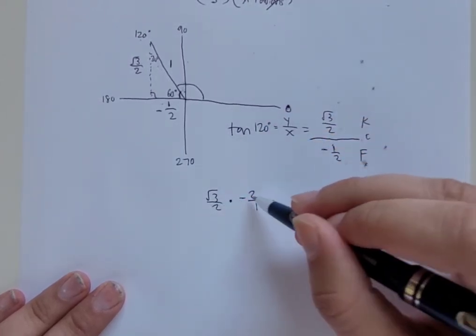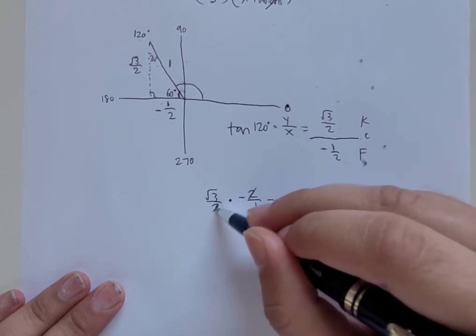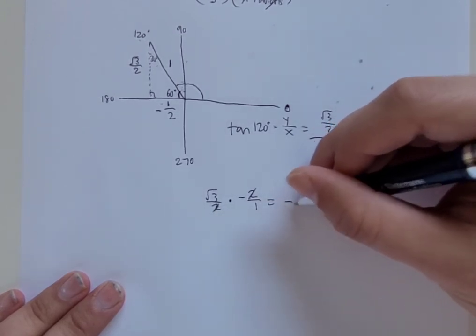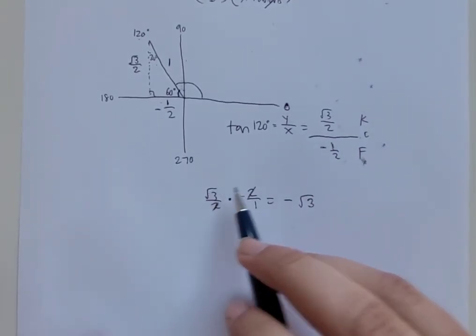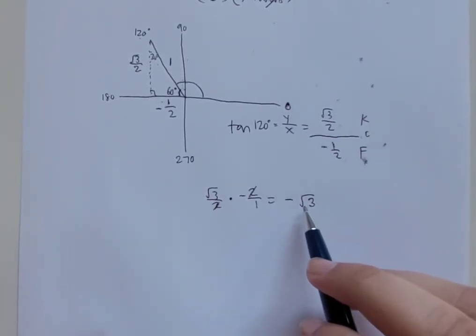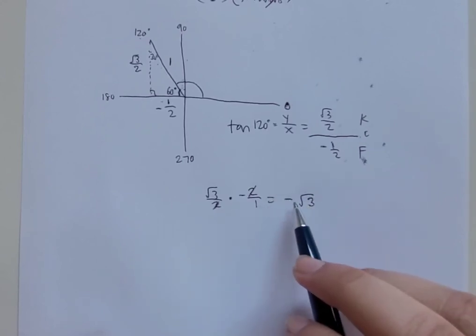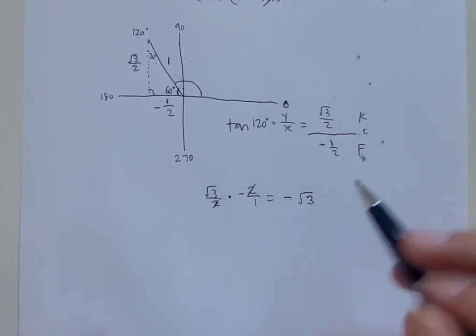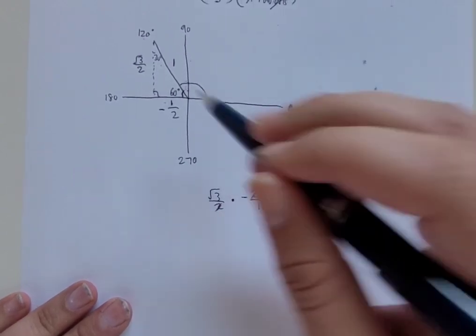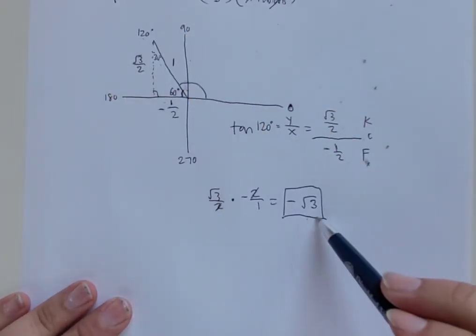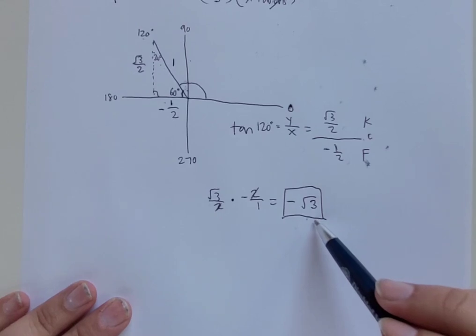And then from here, I notice these 2's are going to cancel. And then I'm just left with multiplying straight across. Radical 3 times negative 1 is negative radical 3 all over 1. So I know tangent of 2 pi over 3, the exact value is negative radical 3.